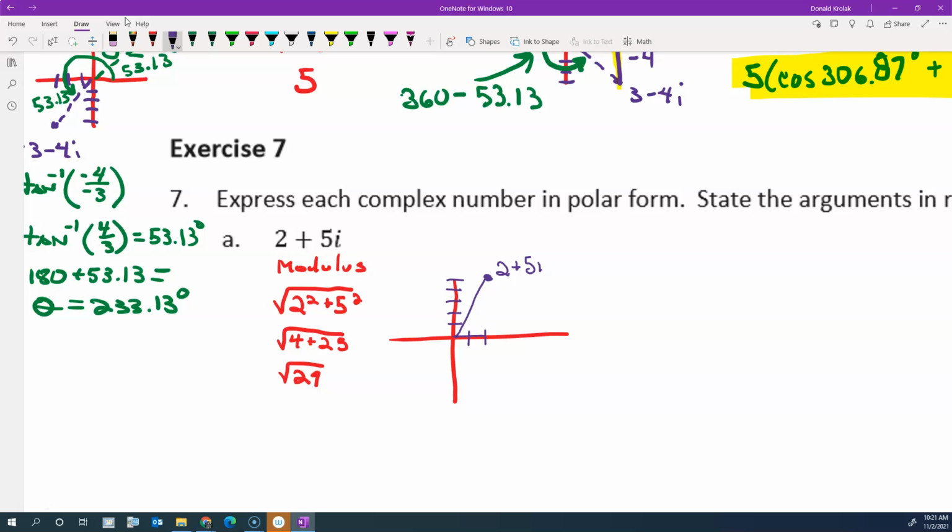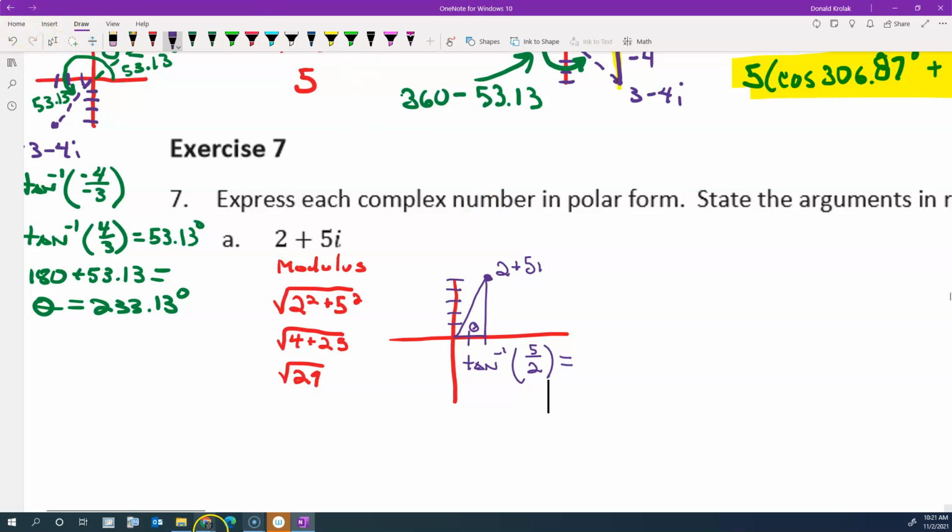Okay, and so to get this angle, okay, now make sure your calculator is in rads when you do this.